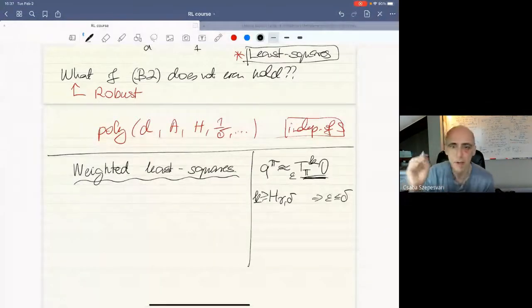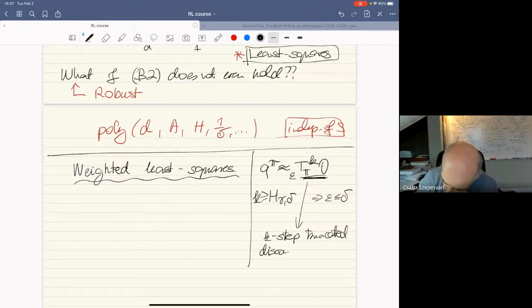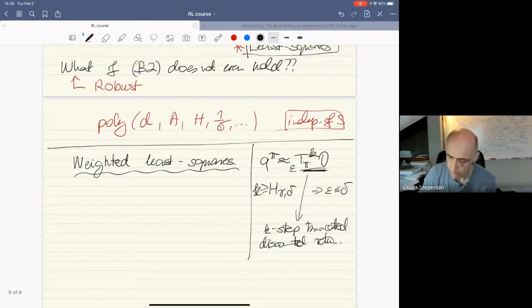This is just running the policy for k steps, calculating the return truncated after k steps, and then averaging. This is the total discounted return truncated after k steps. So this k step truncated discounted return, that's easy to simulate.